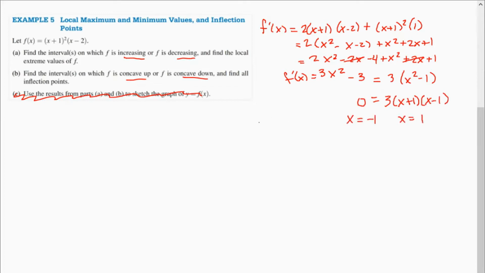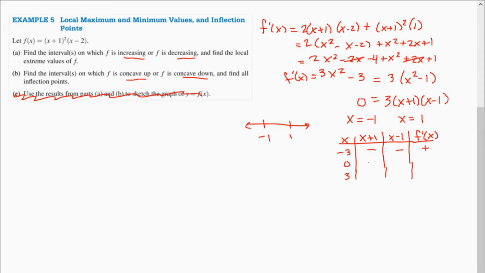I'm going to do our sign chart here. We are concerned with what's happening in between these intervals. So I'm going to choose values, just anything in those intervals. So this is going to be negative, negative, that makes this positive, positive, negative, that makes this negative.